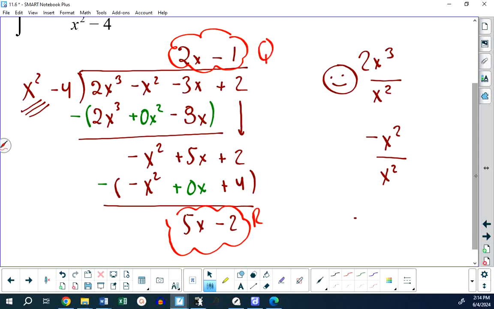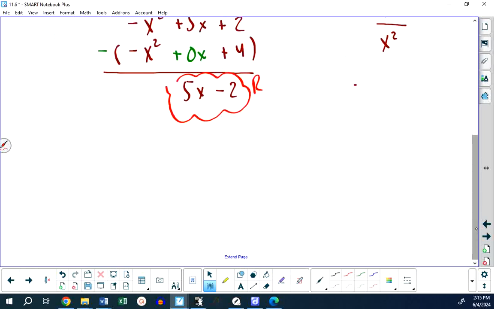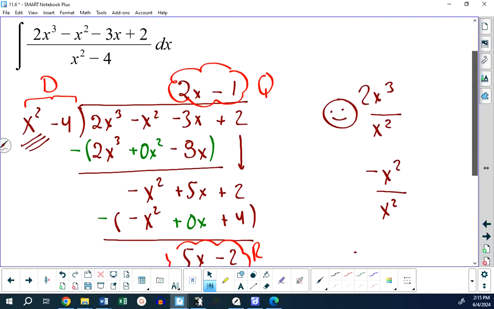Of course, this is the divisor. And we know that the original integrand is equal to the quotient plus the remainder over the divisor. So let me write that out. I'm just putting it here so you can see it in its totality.